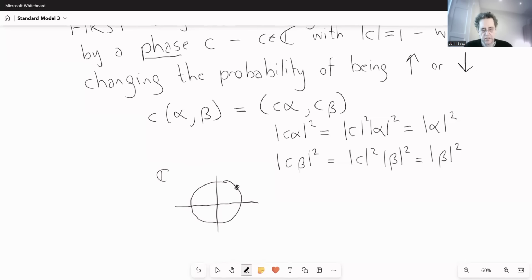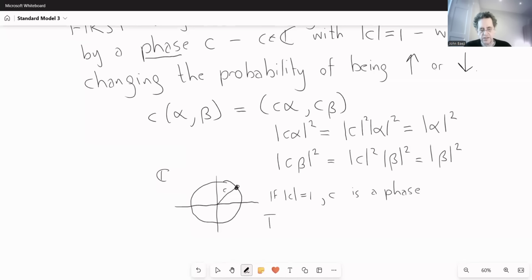So a phase is a point on the unit circle, with the absolute value of C equal to 1. This is a phase. So there's a circle of phases, and it's the unit circle in the complex plane.